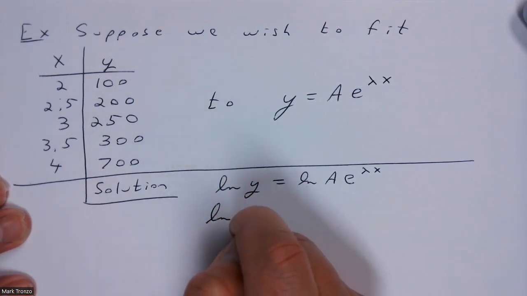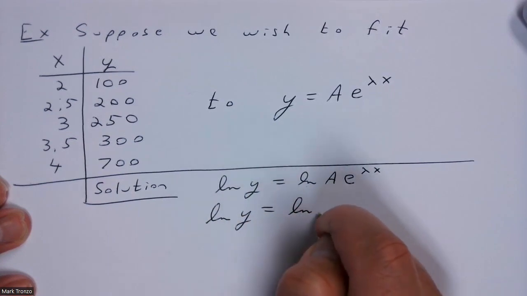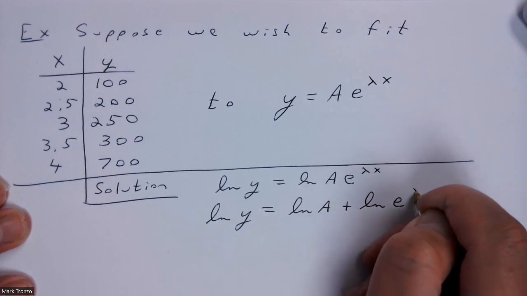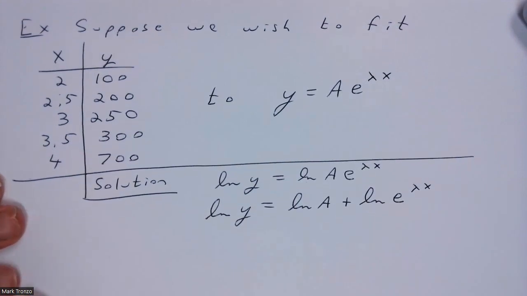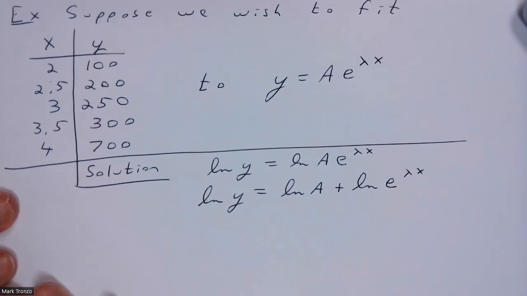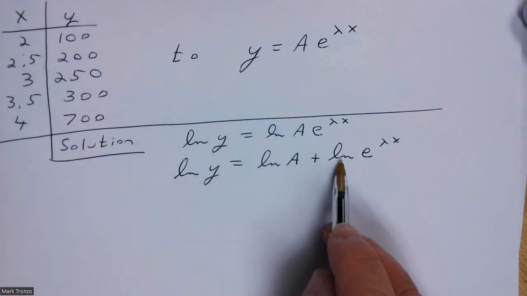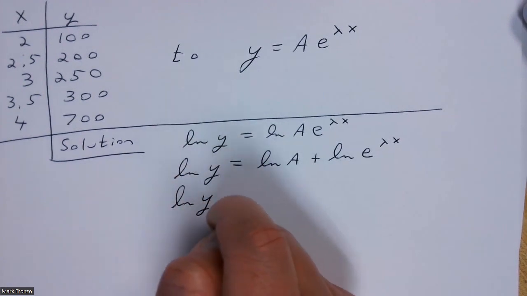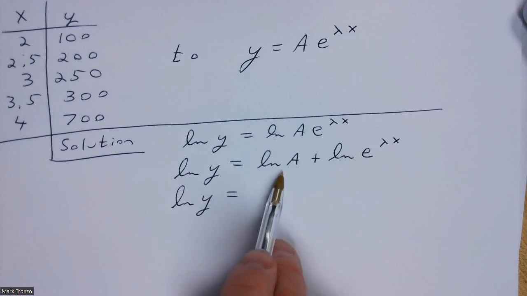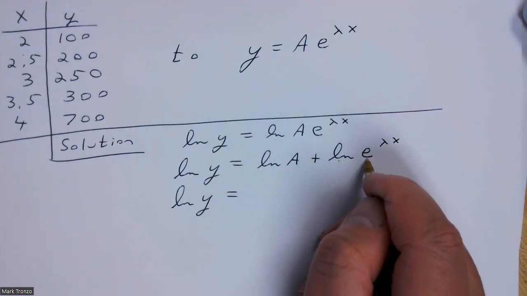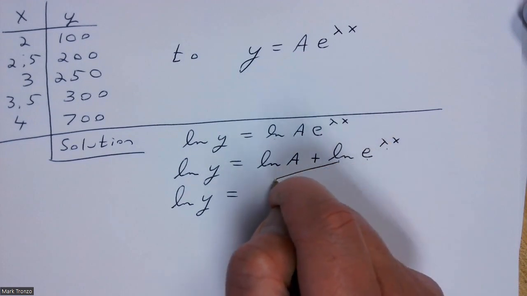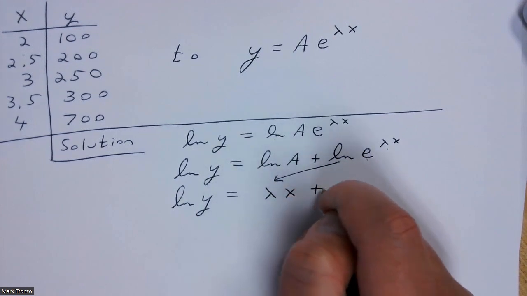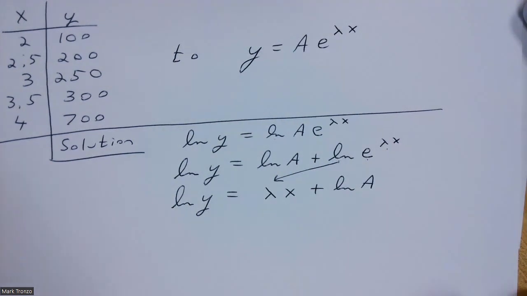This is going to be log of y equals log of A plus log of e to the lambda x. Remember, the log and e are inverse functions, so the log of e to the anything is the anything. That gives us lambda x plus log of A.